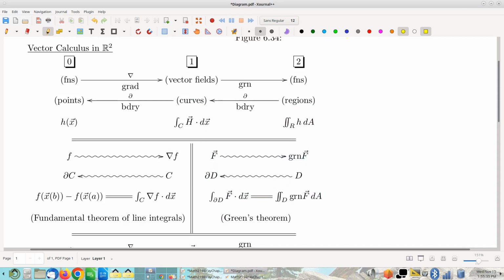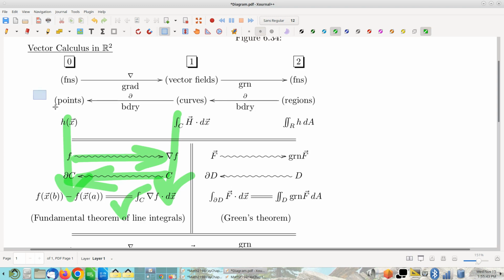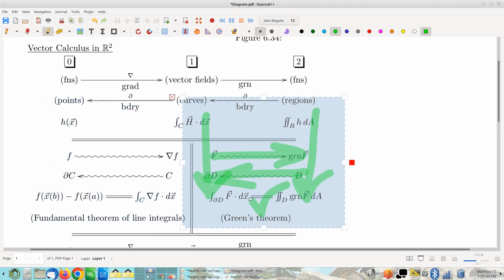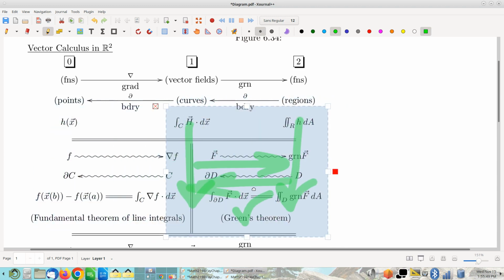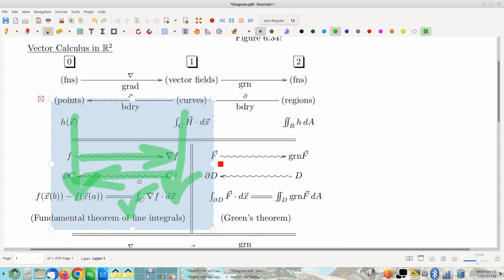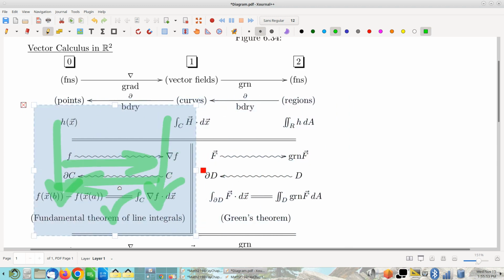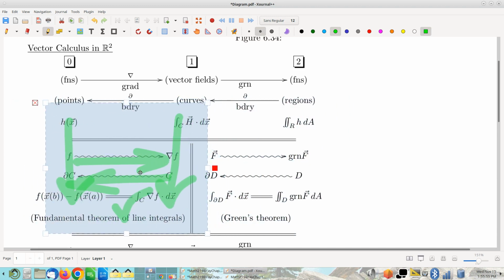That, again, the fundamental theorem of line integrals, in some sense, looks like this. And Green's theorem, arguably, is exactly the same. Same pattern, just in different places on the diagram. Really makes it look like these two theorems are connected to each other. So again, they are.